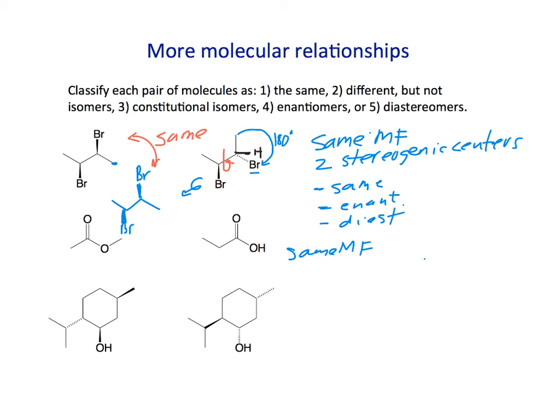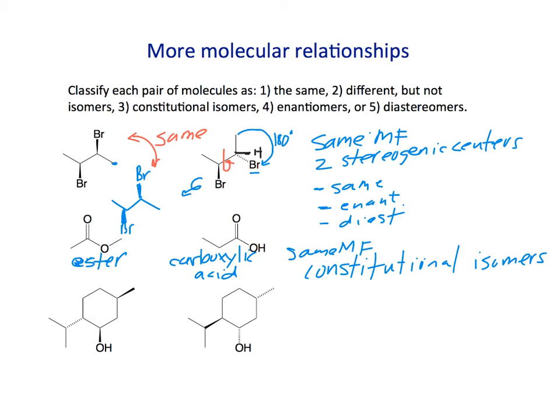So it looks like here we have, this is called an ester, and this is a carboxylic acid. Okay, so these are constitutional isomers, because they have the same molecular formula, but they have a different connectivity of the atoms.